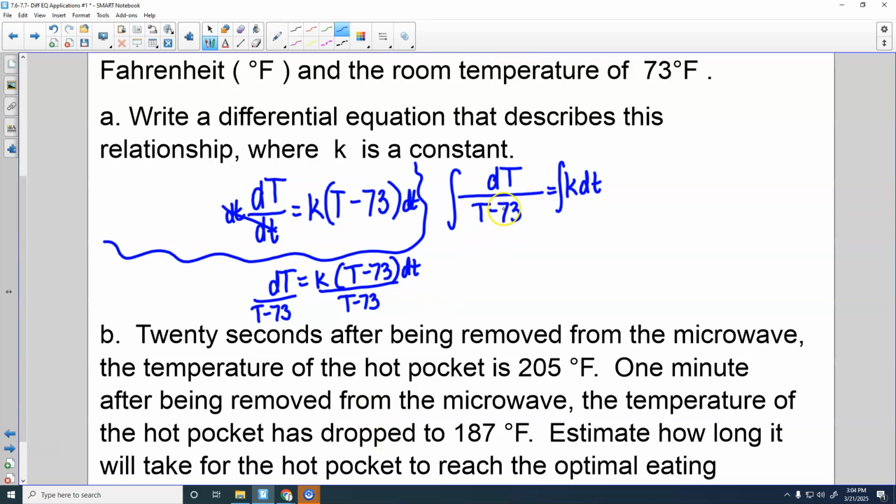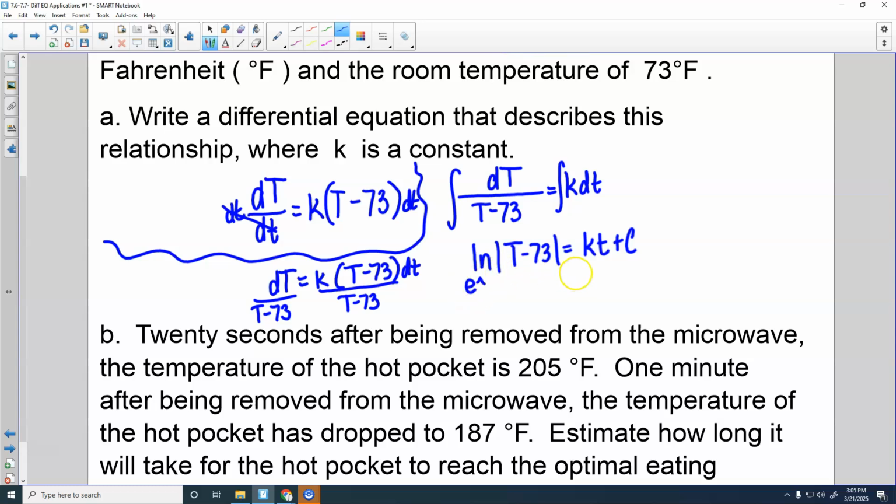This is technically a u-substitution, but because the derivative of T is just dT, it just ends up being natural log of the absolute value of T minus 73 equals kt plus C. And then it'll be easier if we go ahead and solve this for T. What should we do?